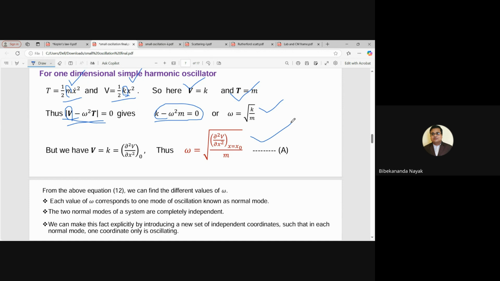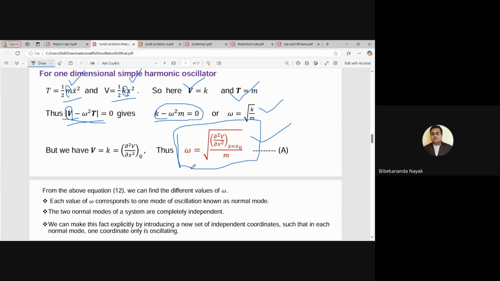This is a very important formula. By using this formula, you can calculate the frequency of oscillation for any system obeying small oscillation. The potential is given. From that you can calculate del square V by del x square, divide by m and take the root, and you find the frequency.